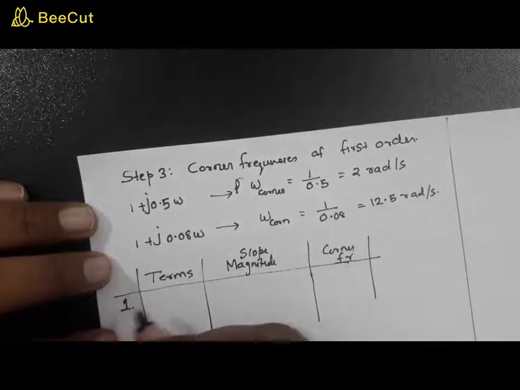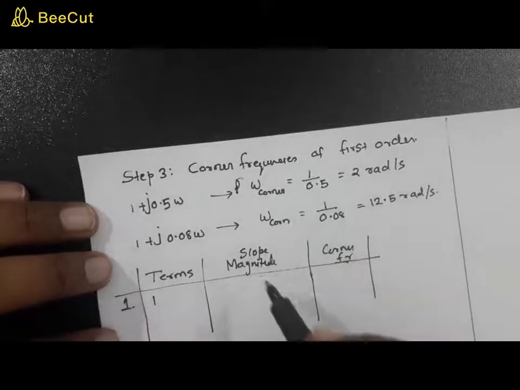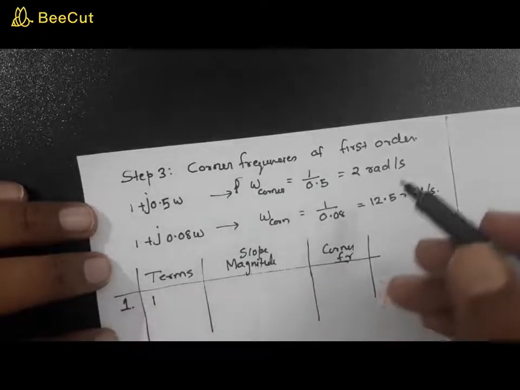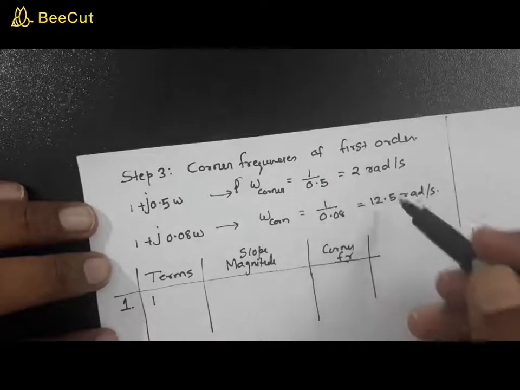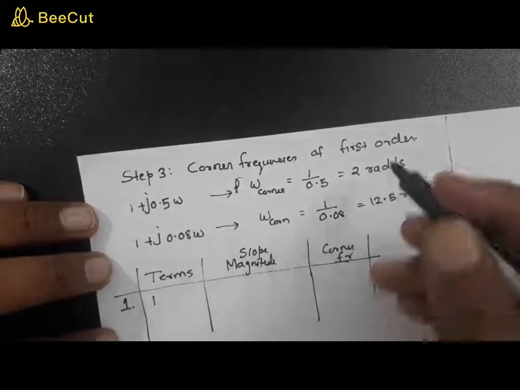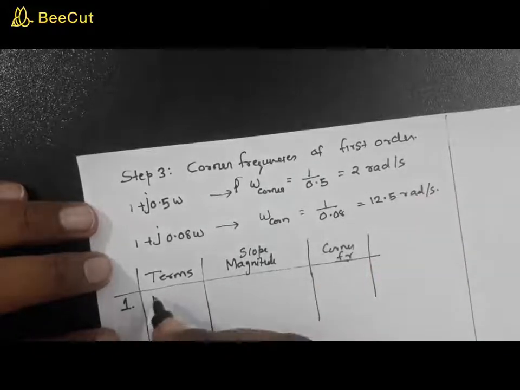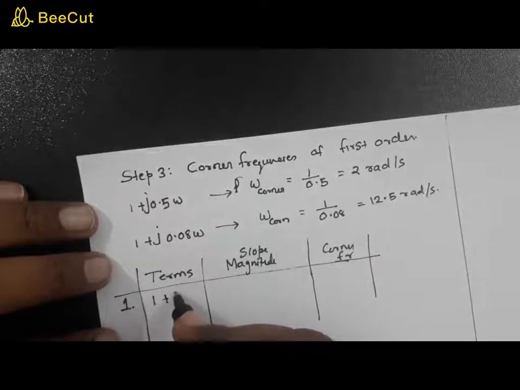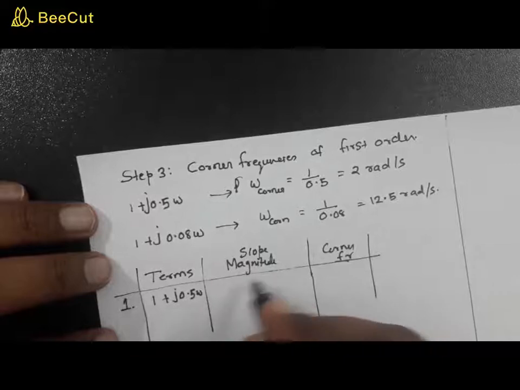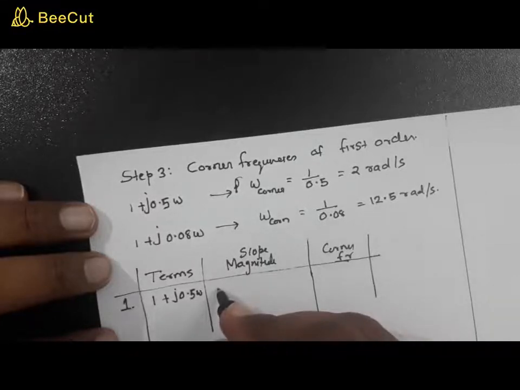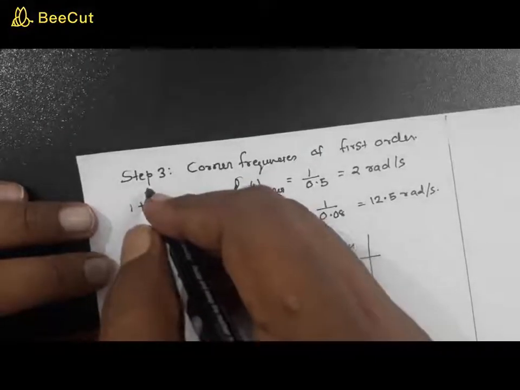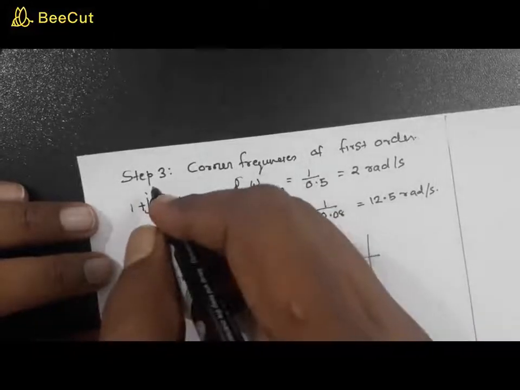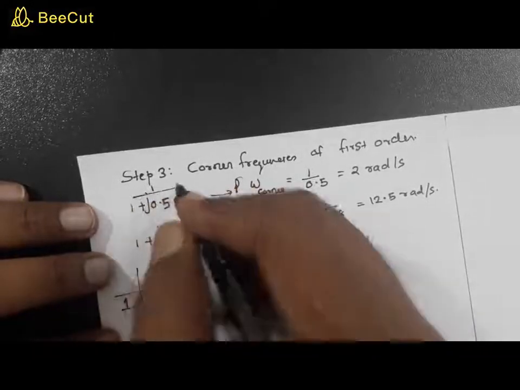So number 1, you must arrange the terms in increasing order of corner frequency. The first corner frequency is 2 radians per second, from the term 1 plus j 0.5 omega. What will be the slope magnitude of this? Don't forget that these are the two terms.